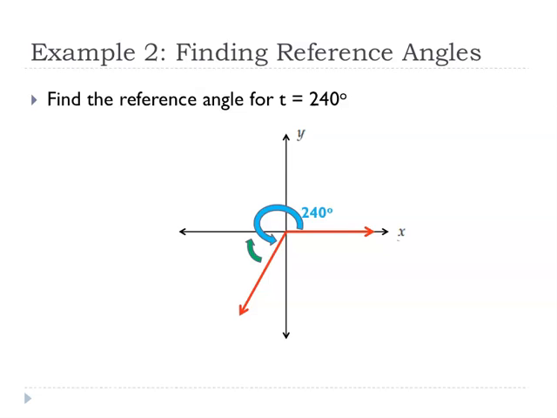Okay, so you have to ask yourself, well, if this entire thing here is 240 degrees, how can I figure out what this angle measure is here? Well, we know that the rest of it is 180 degrees, so if we do 240 minus the 180 degrees, then we can figure out that this is going to be 60 degrees.